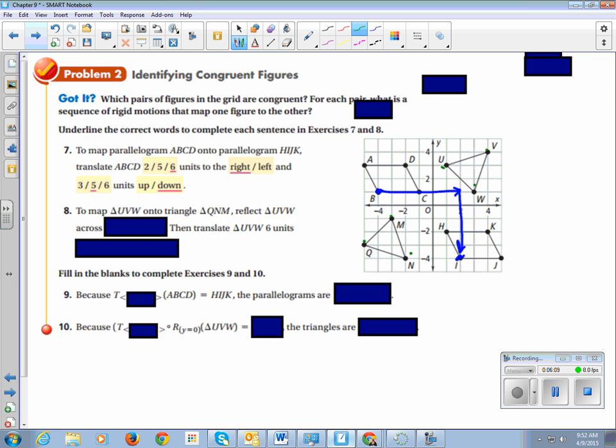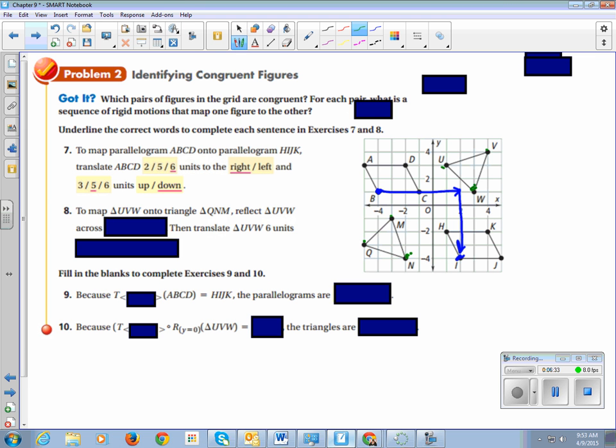So I'm trying to get this triangle to be this triangle. So I have to reflect it across which axis? So if I reflected it across the x-axis, it would come down here. Think about positioning. If I reflected it across the y-axis, it would come over here.